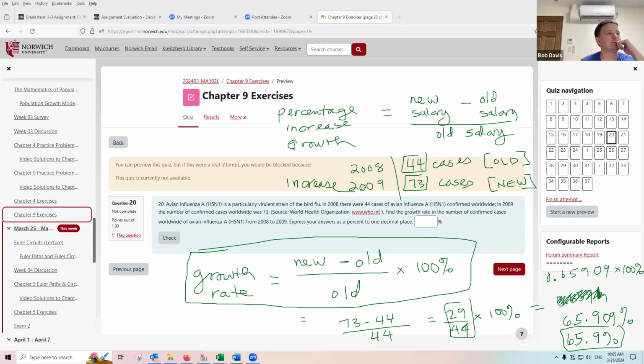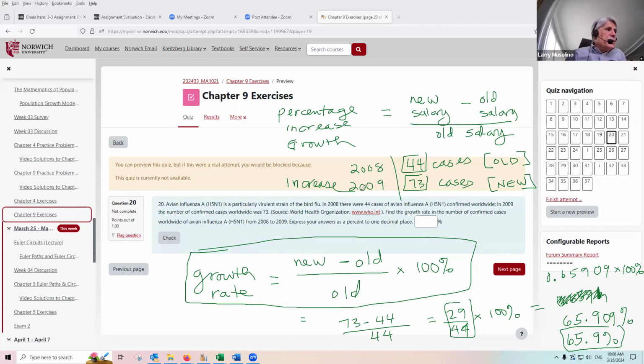If the number of flu cases had gone down, let's say instead of 73 it was 33, then that would be a negative growth rate because the number of flu cases decreased. So it's either going to be a negative growth rate or you're going to say a decrease.